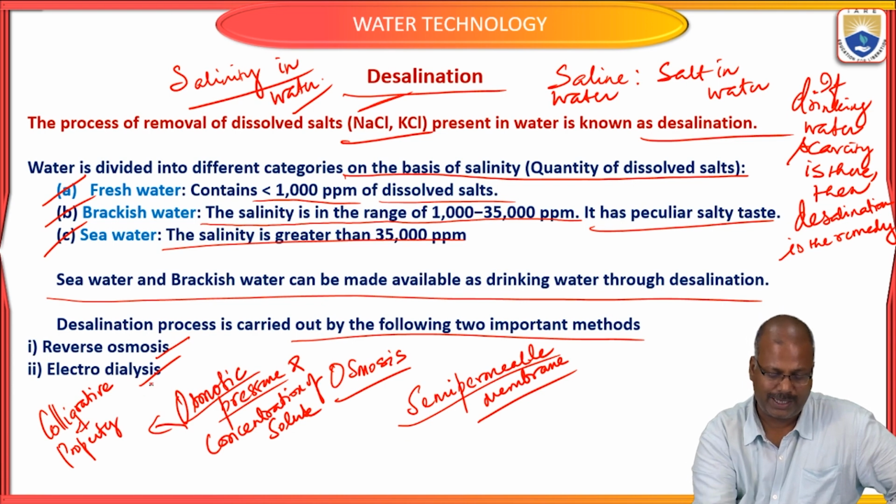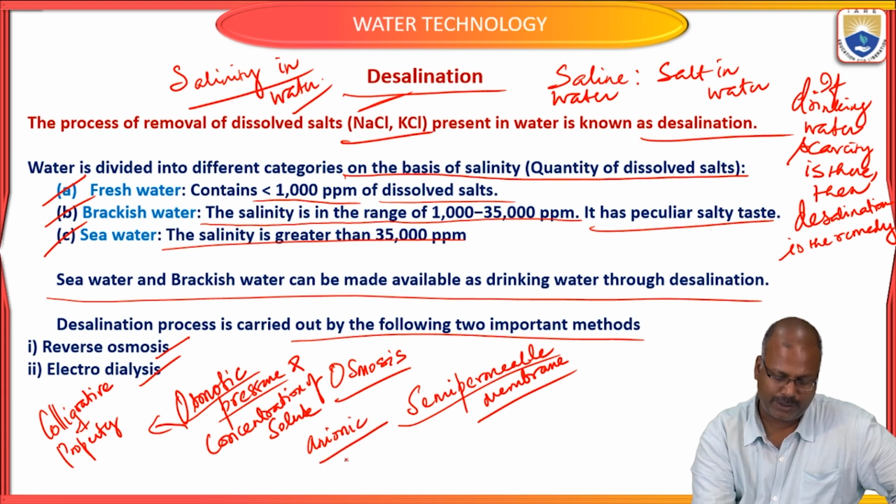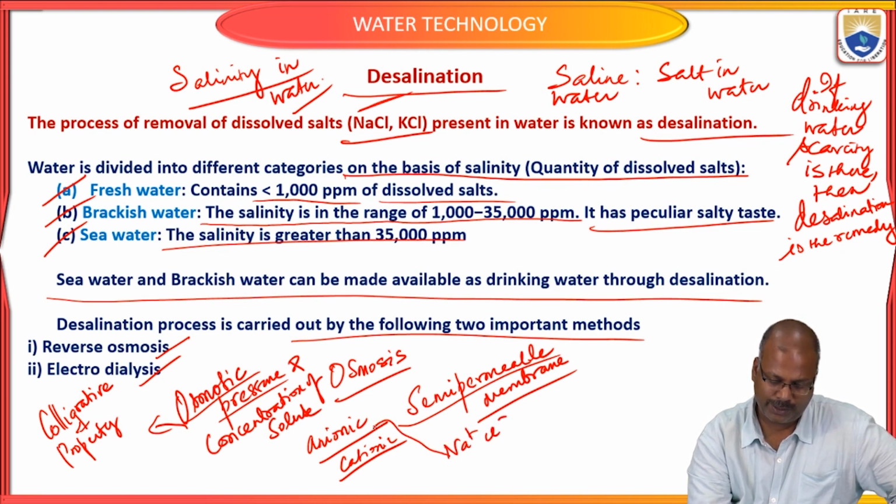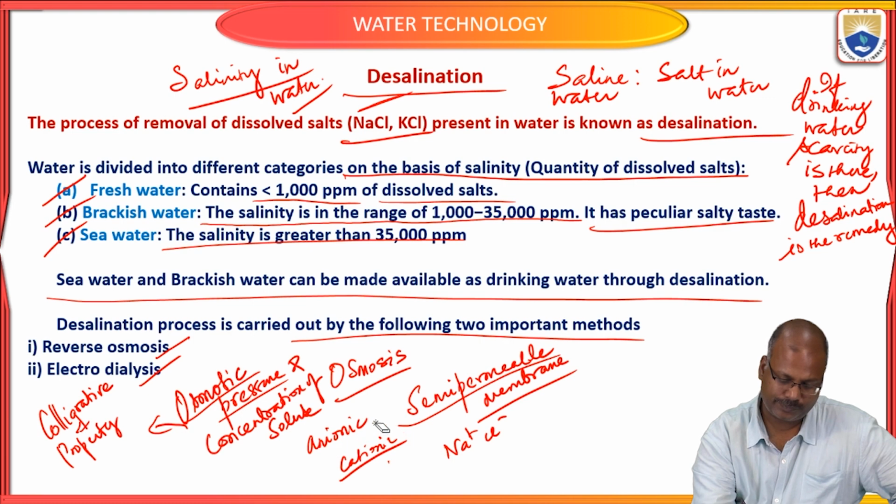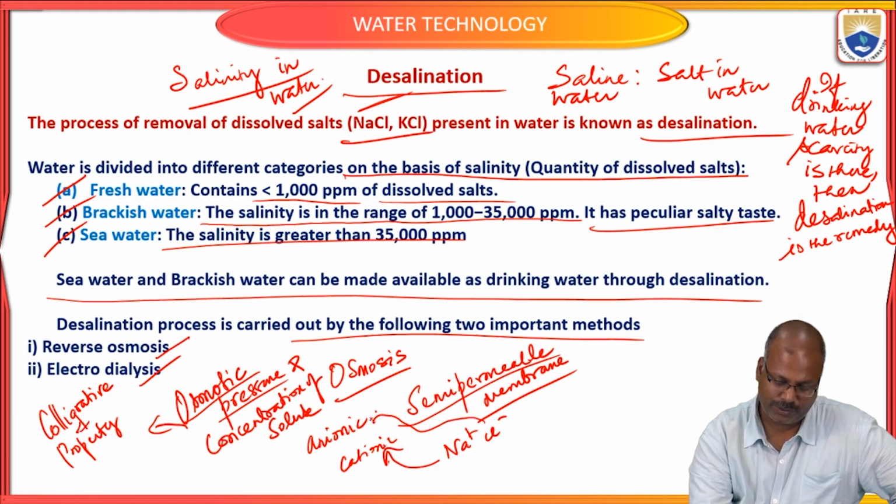In electrodialysis also we have semi-permeable membranes, an anionic permeable membrane and a cationic permeable membrane. When current is supplied, for example for Na plus and Cl minus, Na plus goes to the cationic membrane, Cl minus goes to the anionic.